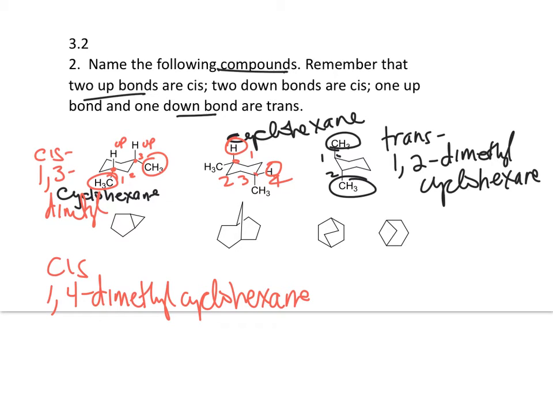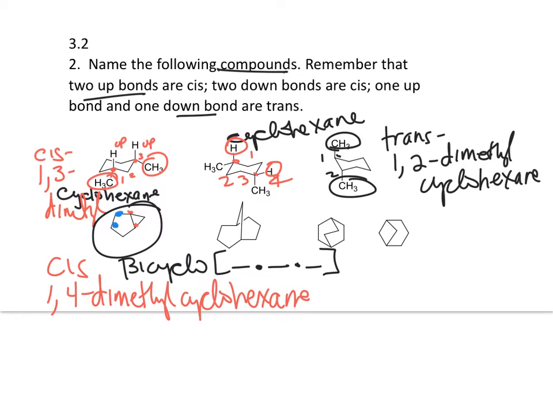Okay, this compound is a bicyclo. So you see that this is a bicyclo compound because it's joined right here. What you do with bicyclos is you write bicyclo, and then you have these brackets. And we're going to fill in number, dot, number, dot, number, in these brackets. And these numbers are the carbons in the largest ring first.